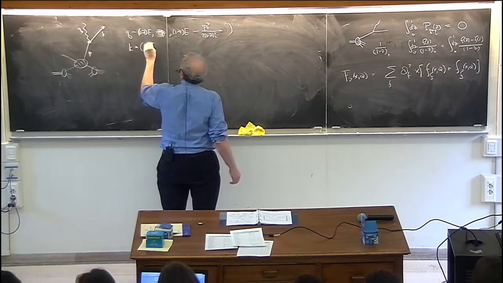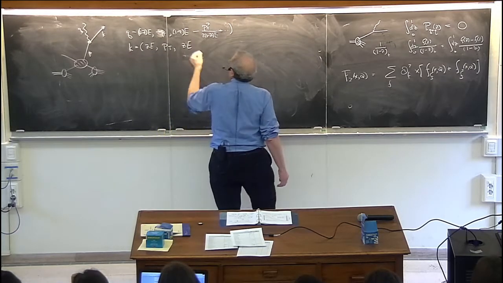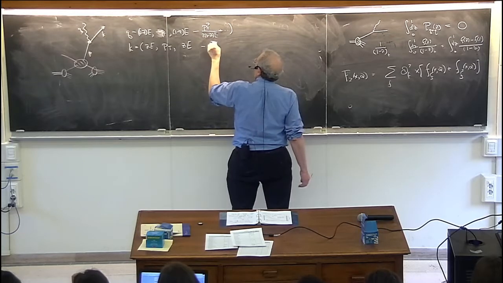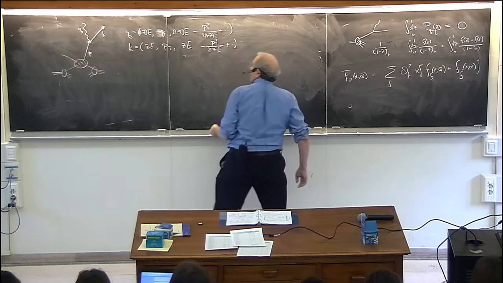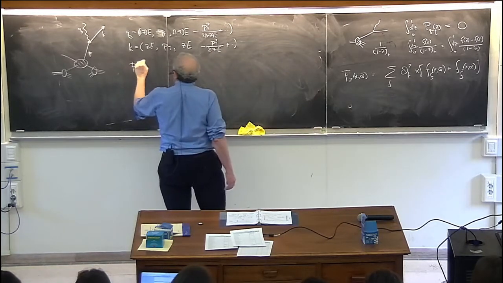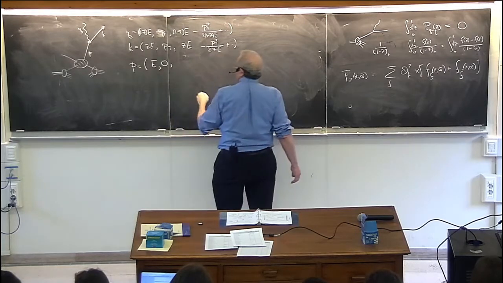K, please notice in this kinematics it's also on shell. And P is off shell, and its vector is determined by momentum energy conservation.